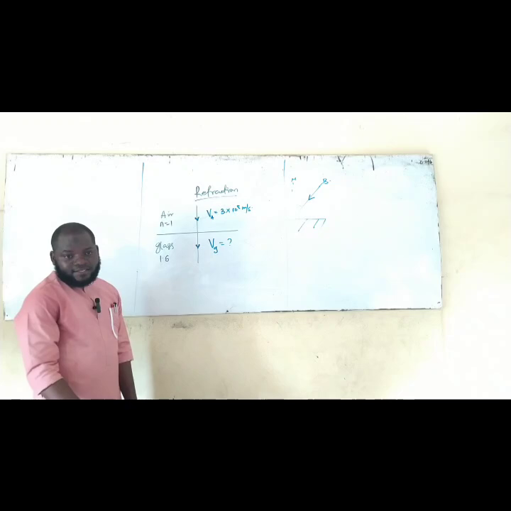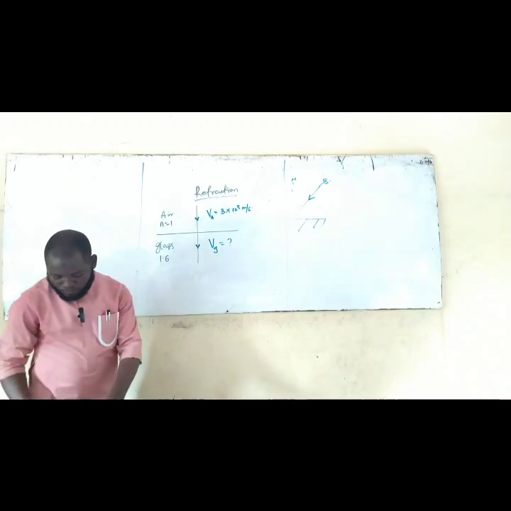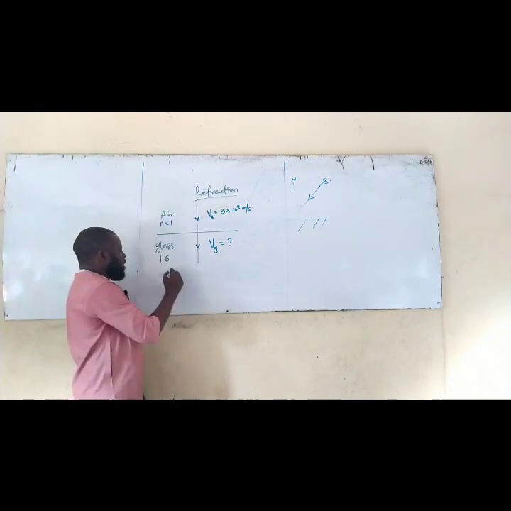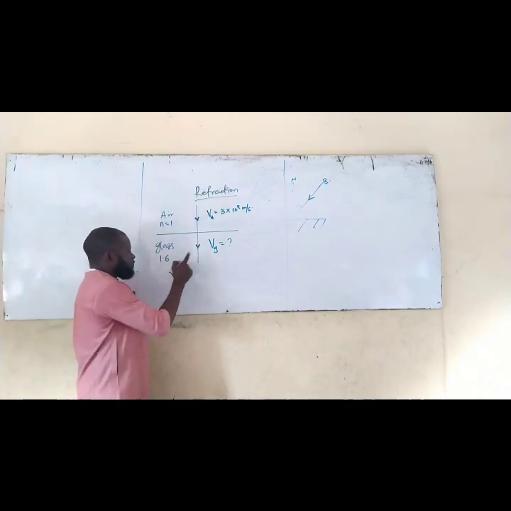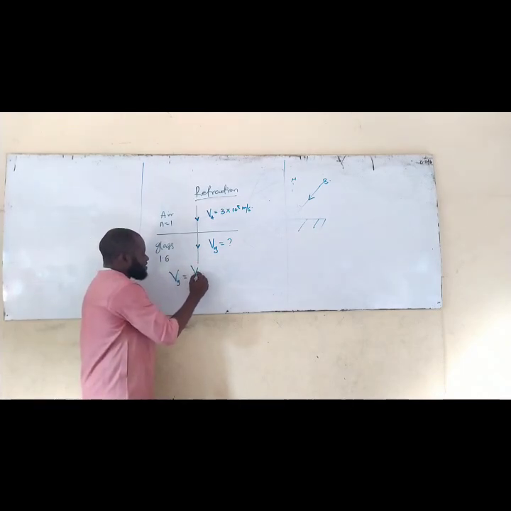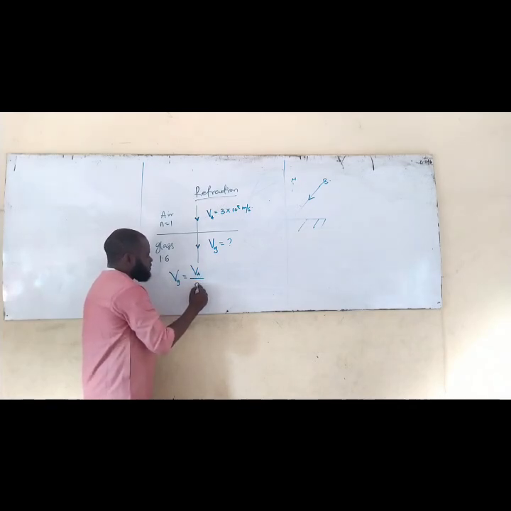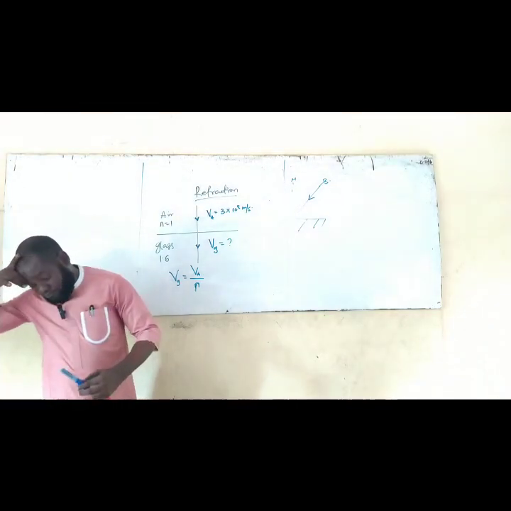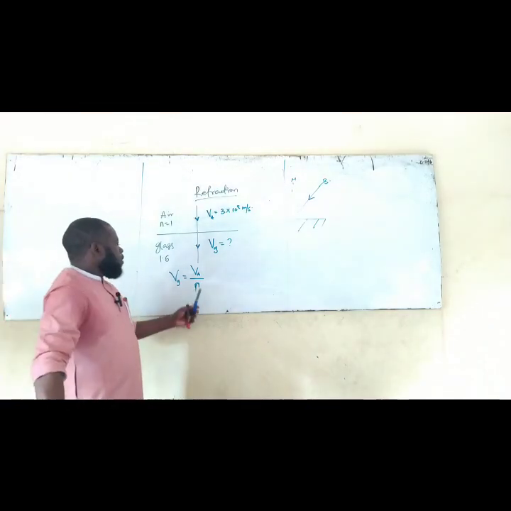So how do we get that? So take them. We can say the velocity of light in another medium is equal to the speed of light in air divided by the refractive index. What do I mean?